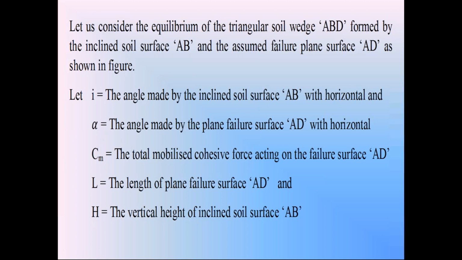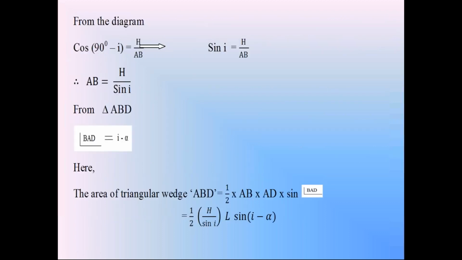At the instant of failure, the cohesion force developing in the soil wedge in the downward direction on the failure surface AD is called the mobilized cohesion force Cm. This is unknown. Then L is the length of the failure surface AD, and H is the vertical height of the soil slope AB.